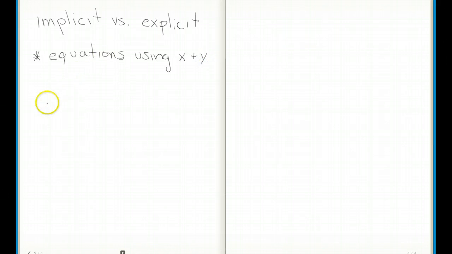But in the implicit one, it's not solved for y. It doesn't say y equals. So in an implicit equation, it's not solved for y.